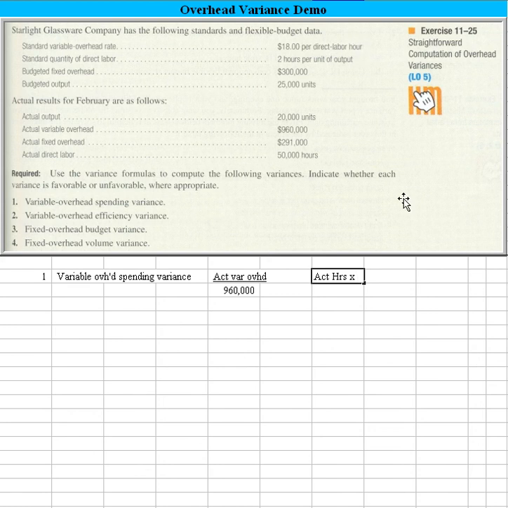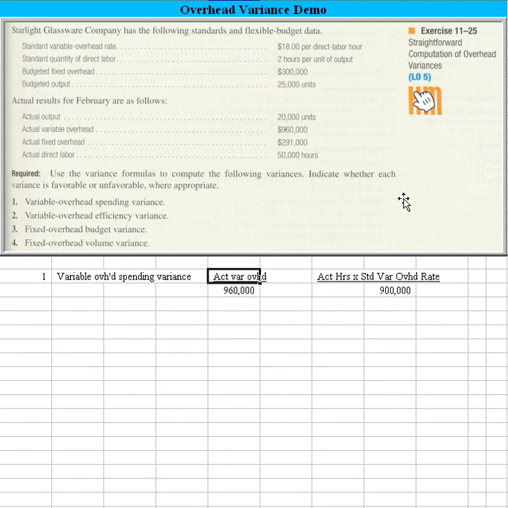Let's call that the standard VOH rate, and I'll underline that. We'll put in the formula: 50,000 direct labor hours times the standard of $18. So we have $900,000.